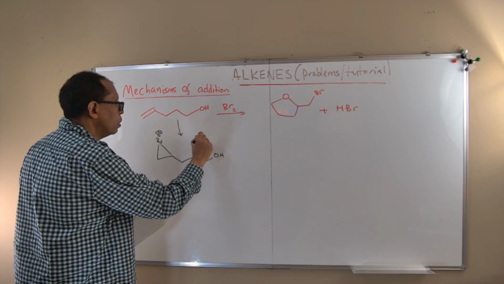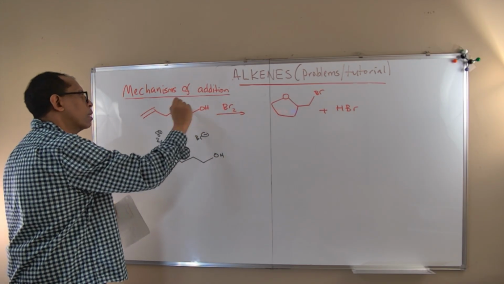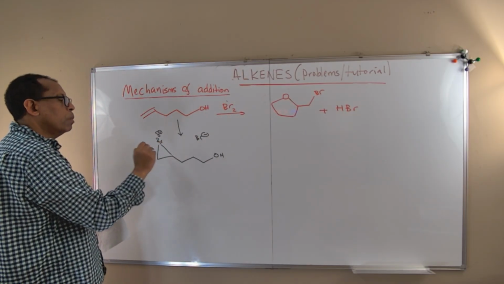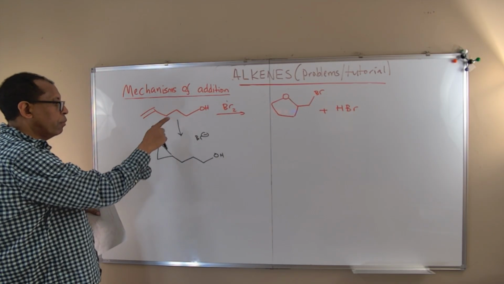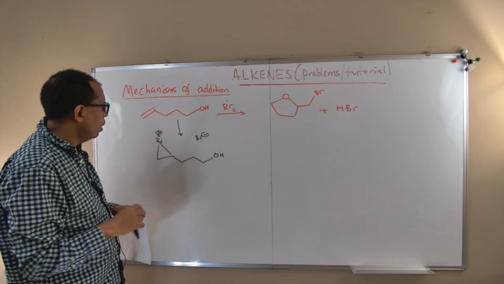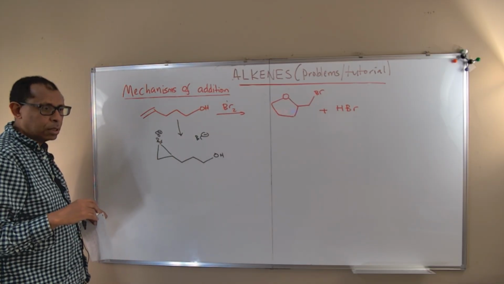Br minus would attack, going through a bridge system, so that you would form a dibromo compound. The reagent forms this bridged system.